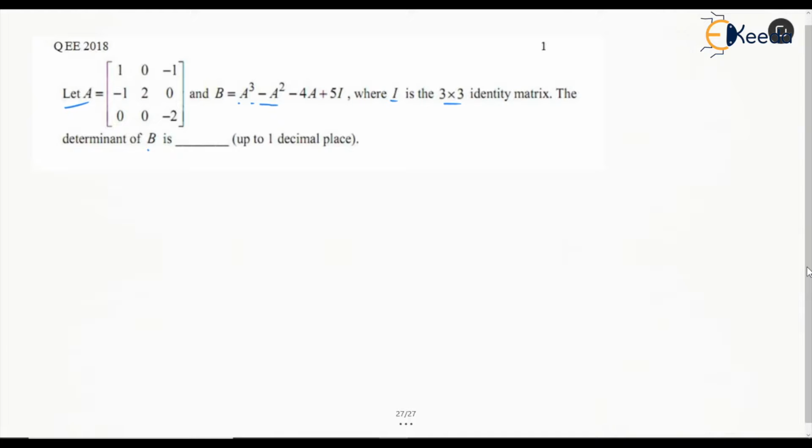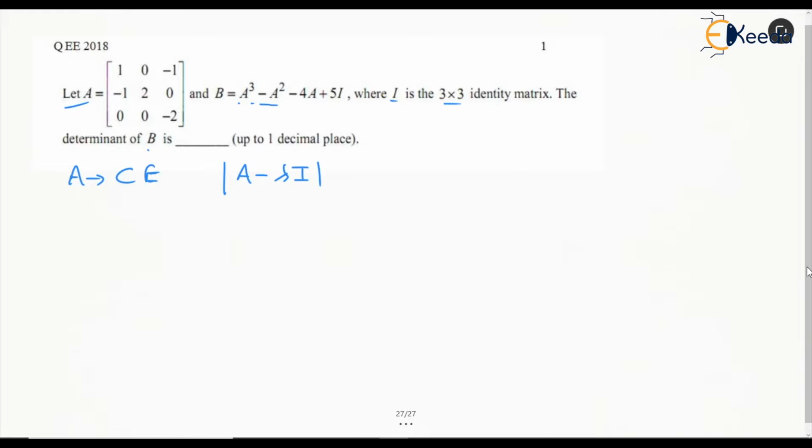Now if you see this A, we can form the characteristic equation directly, which we have already seen how to do. This is given as A minus lambda I, right?